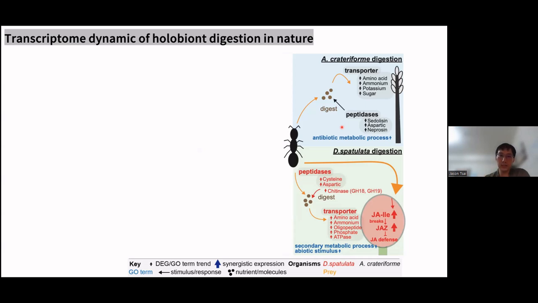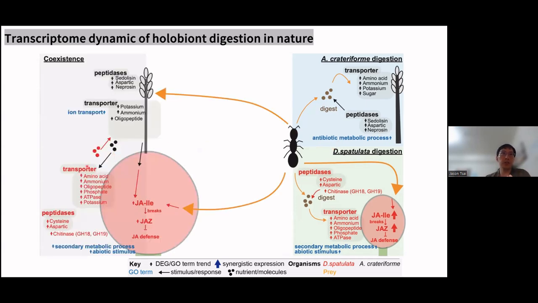On the right of the plot, you see the digestion phase without partner, where peptidases and transporters are upregulated in either species. On the left, you see the coexistence phase. Again, the peptidases, ion transporters, and some of the secondary metabolic processes overlap with the genes in the digestion phase. So in a sense, they are in a primed state.